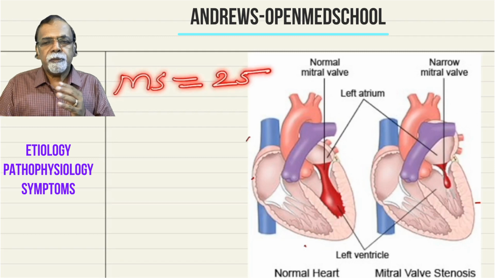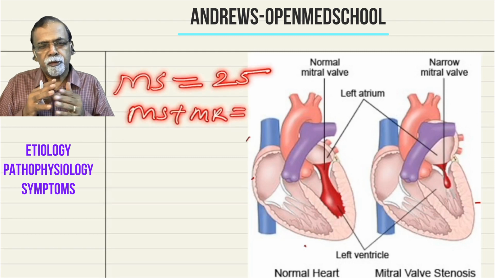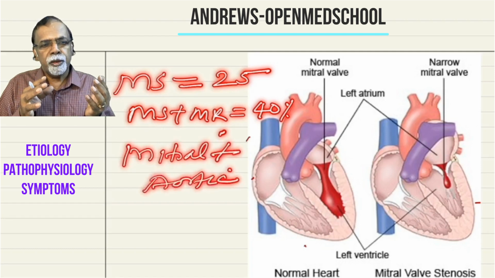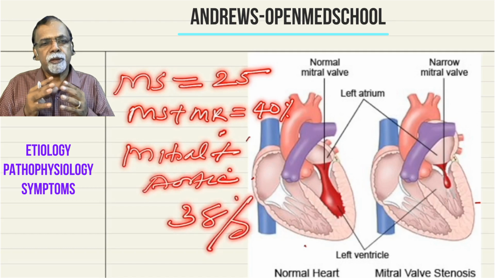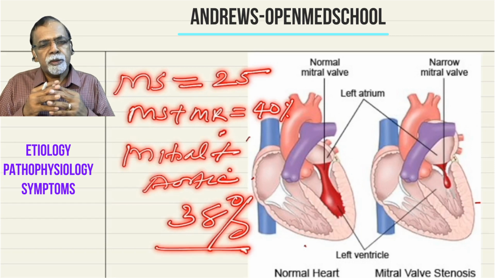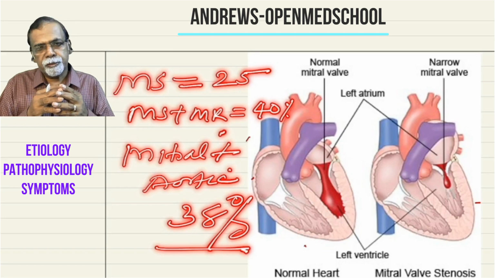In 25% of the patients, only the mitral valve is affected, that is, isolated mitral stenosis. Around 40% you get a combination of mitral stenosis with mitral regurgitation. Around 40% of mitral stenosis will have other valvular lesions, especially the aortic valve disease.